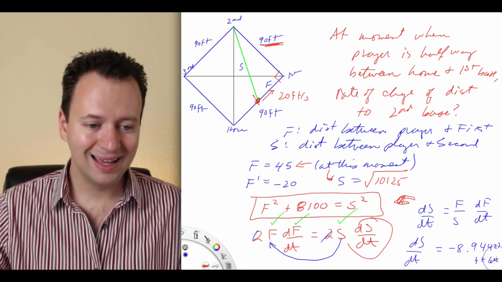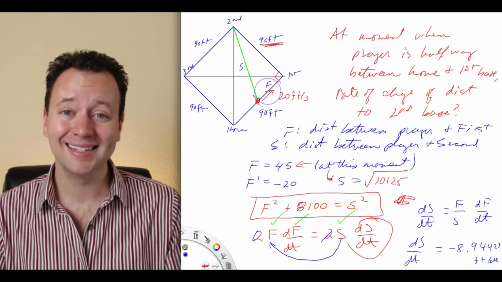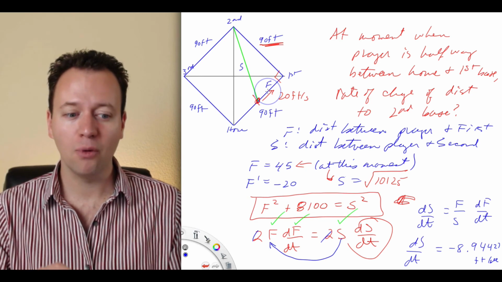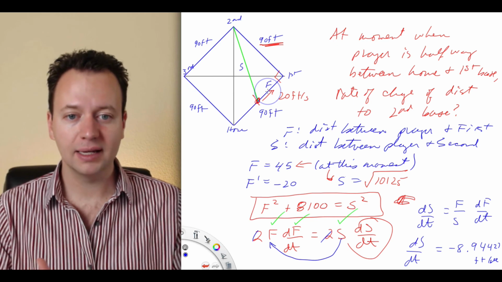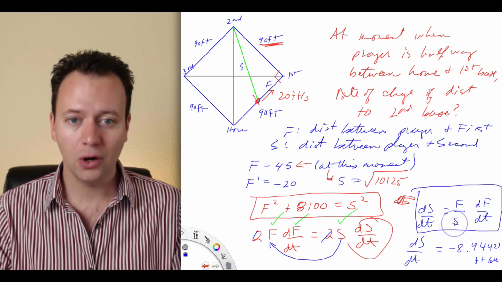So even though the player is running at a rate of 20 feet per second, his distance to second base is only decreasing at a rate of approximately 9 feet per second at that moment in time. Obviously, this relationship depends on the relative ratio of F to S.